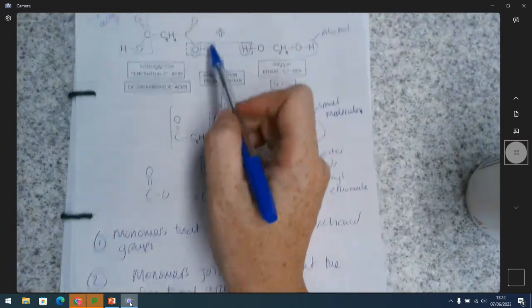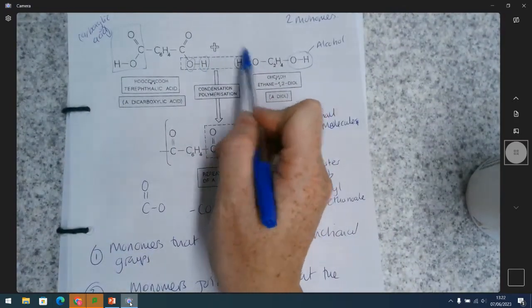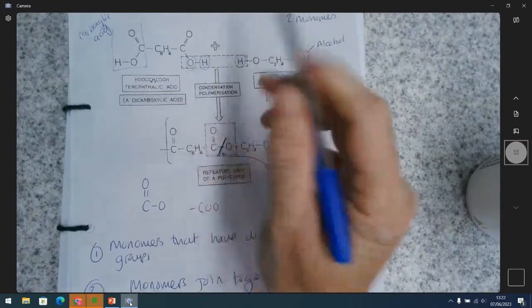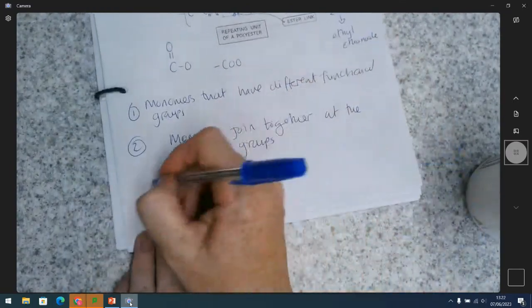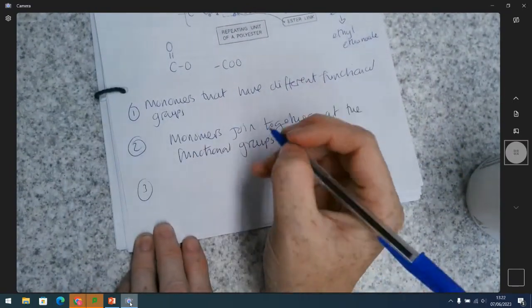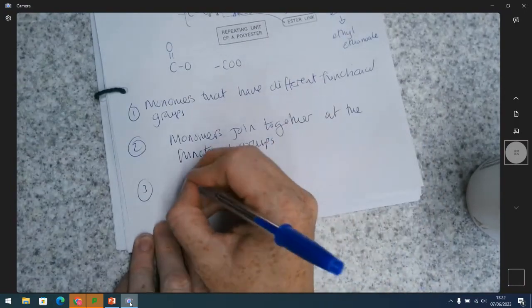Okay, and that's where you can see this is where the reaction's taking place at the functional group of the alcohol and the carboxylic acid. And for each new bond, a small molecule of water will form.